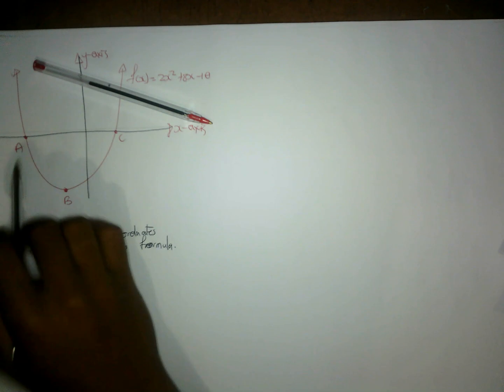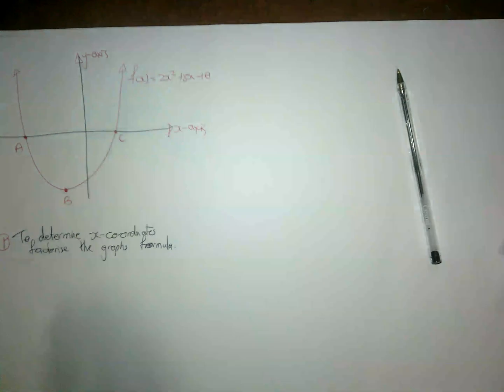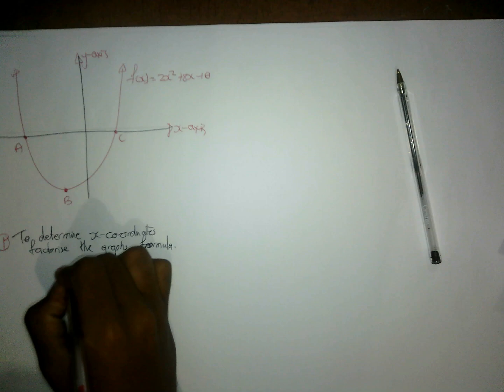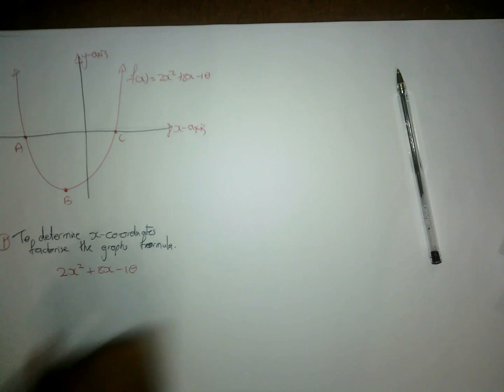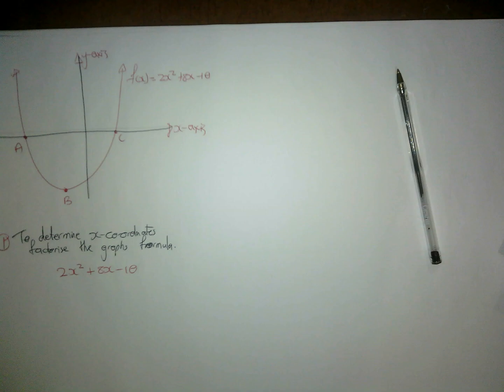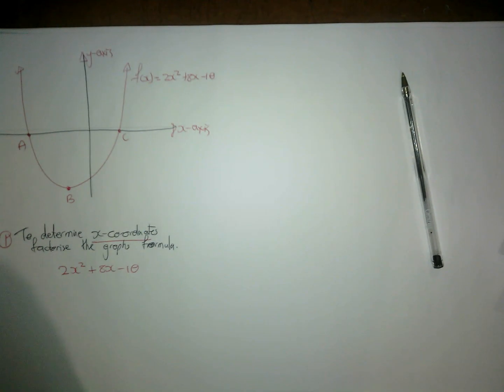So to determine these x values, we must factorize this given formula over there. So we start with 2x squared plus 8x minus 10. We do it this way. There's no formula. You must just know when they ask for x coordinates, you're going to factorize. And you will see why now.